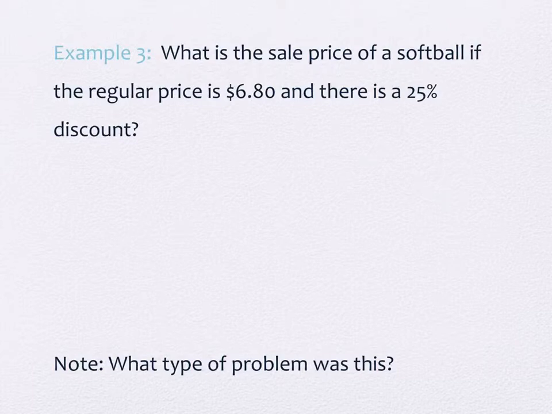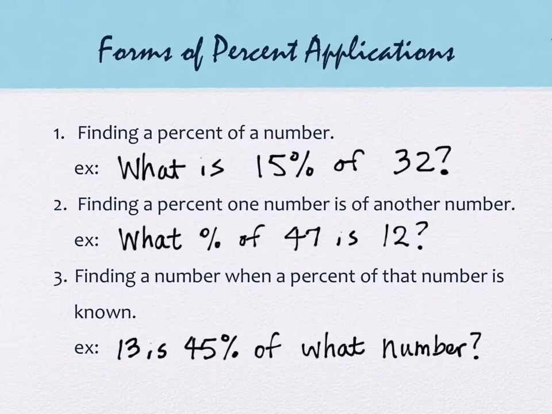Here's the first question. What is the sale price of a softball if the regular price is $6.80 and there's a 25% discount? So before we actually do the problem, because there's a little bit of a trick in this one, what I'd like for you to look back at is to try to identify which of the three types over here is this problem.